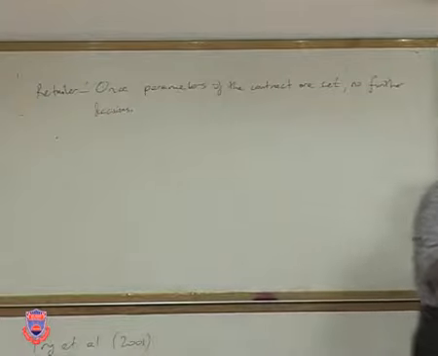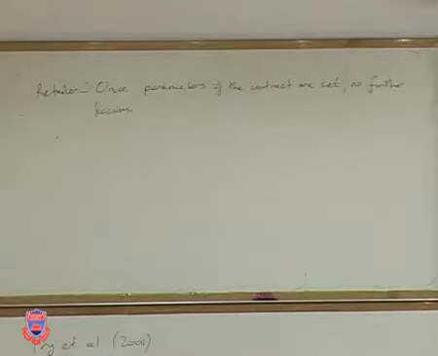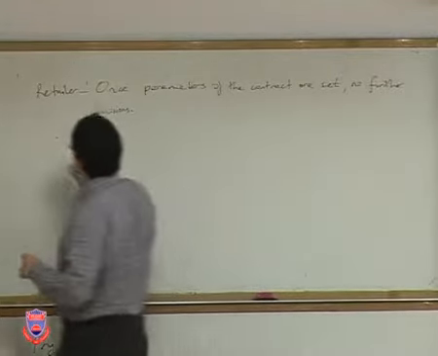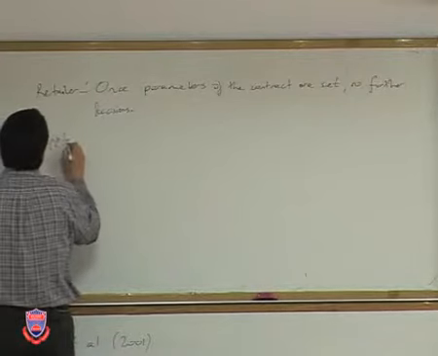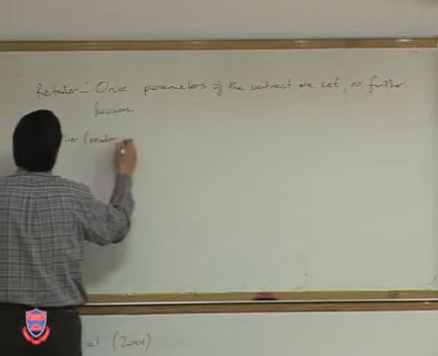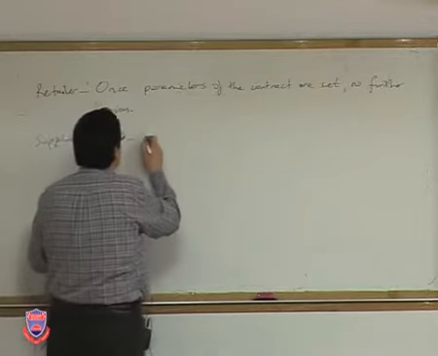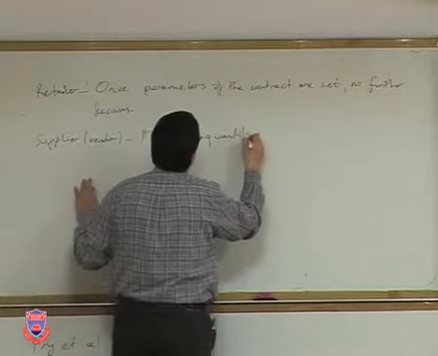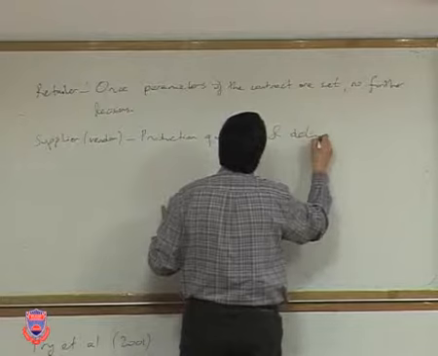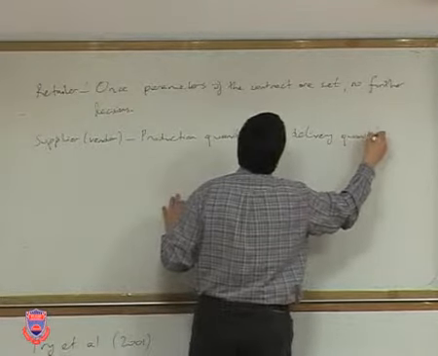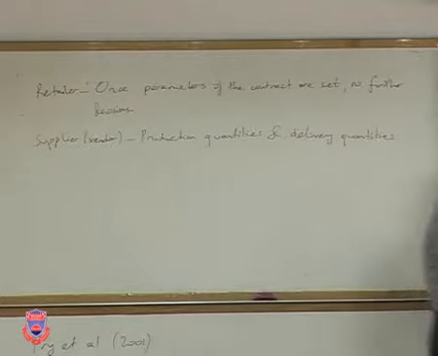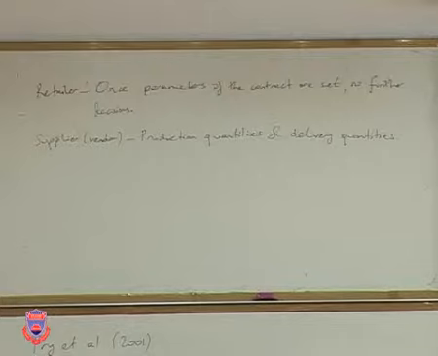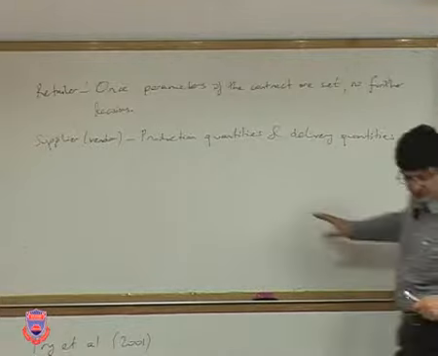I mean, there are no further decisions because now all the stocking decisions are going to be made by the vendor. And on the other hand, the supplier or vendor is going to decide on production quantities and delivery quantities. Every period there will be a certain delivery, and the supplier is going to decide on that. Okay. Any questions on this?